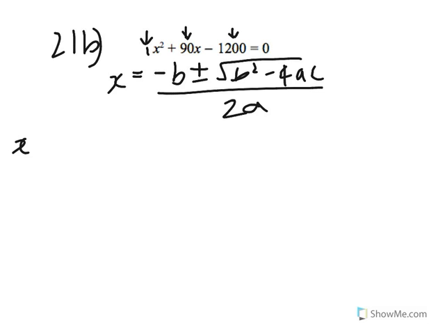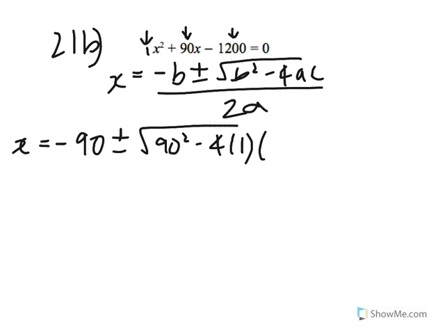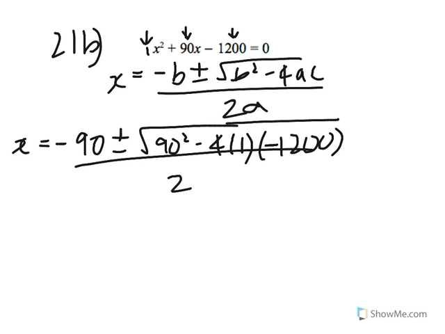Okay, so all you have to do is substitute these things in and you'll solve for x. So that means that x is equal to minus 90 plus minus square root of 90 squared minus 4 times 1 times negative 1200, all over 2 times 1. Okay, so I'll just simplify that quickly.